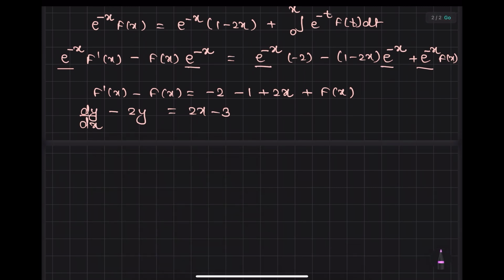To solve it, first we will consider the variable separable method. You cannot apply it here, because you cannot put all x together and all y together, and that too with a product.